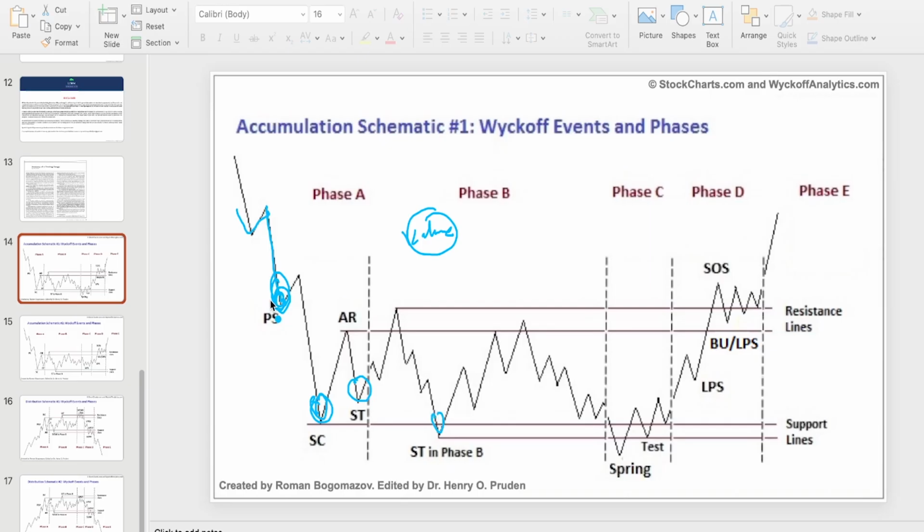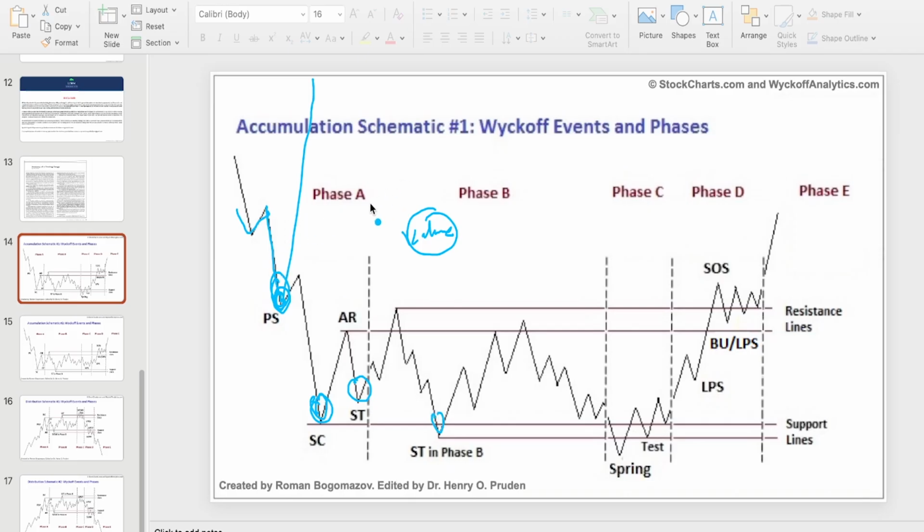The reason they won't just load all their positions into the market at once is that when they do that, you will see spikes like this in the market, and that's catastrophic to the nature of the market. So they won't do that.